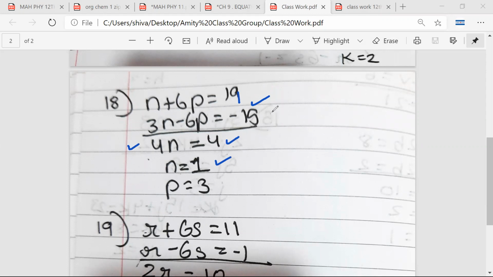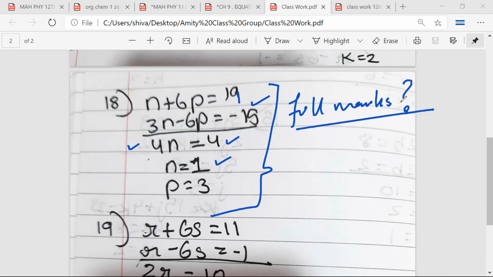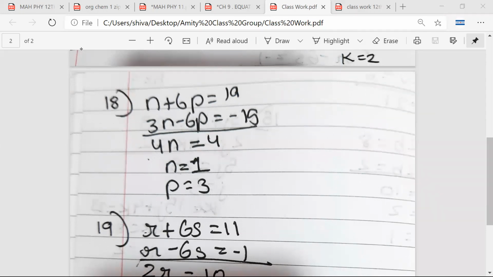Okay. Yeah. Sanvi, what you need to understand from your school teacher is, will she give you full marks for this or not? You have to do the substitution step again. Yes, sir. You are skipping a lot of steps, and I'm not sure. You need to check that from your school teacher, because usually how this is done is, this is equation 1, this is equation 2.